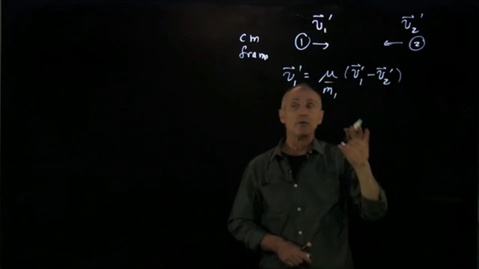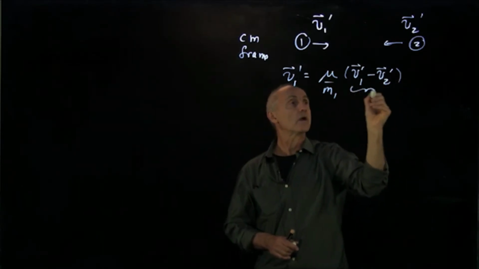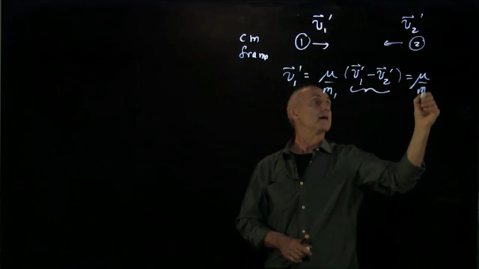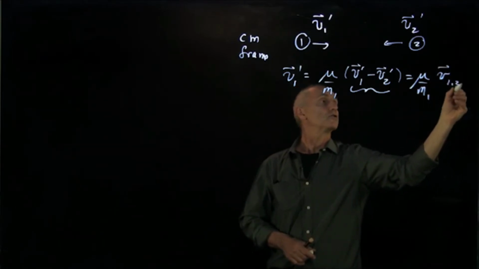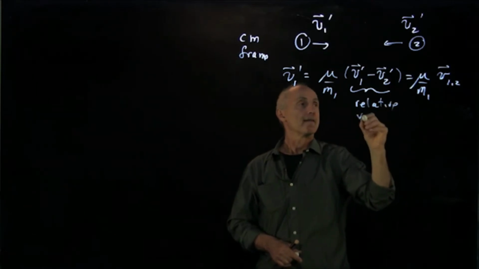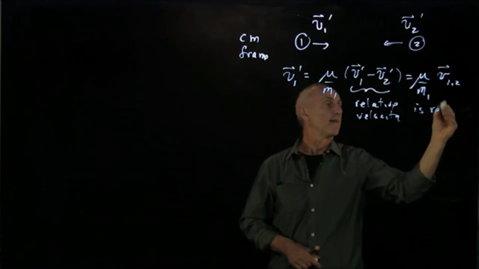Now, this quantity is reference frame independent, and so we can just write that as v12. The relative velocity is reference frame independent.